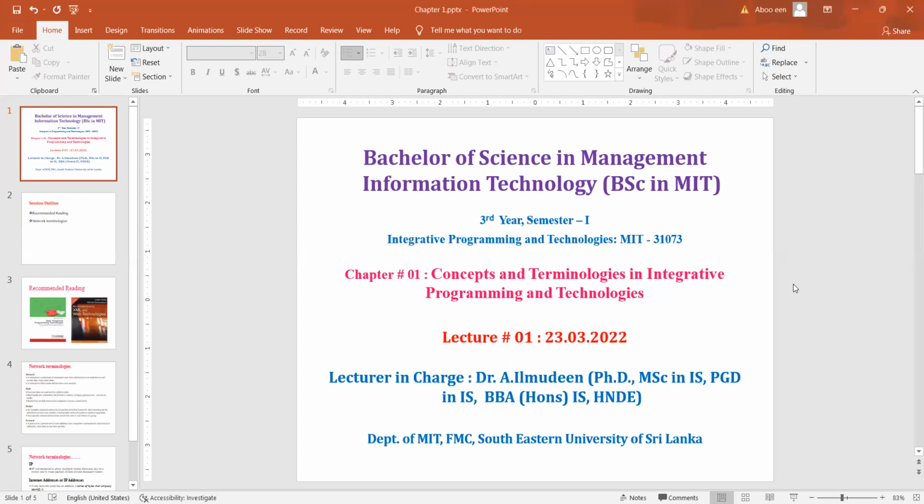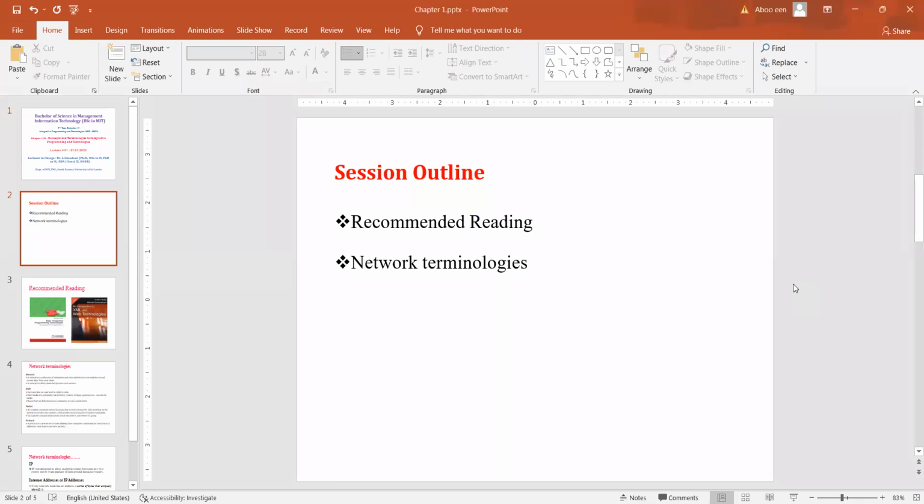Yes, sir. Great. So our first chapter is concepts and terminologies of integrative programming technologies. Basically, in this chapter, we are going to learn most of the networking technologies and integrative programming related aspects. In today's session, our focus will be on some recommended reading and some of the networking technologies. In the second chapter, we will discuss large scale systems and distributed systems.